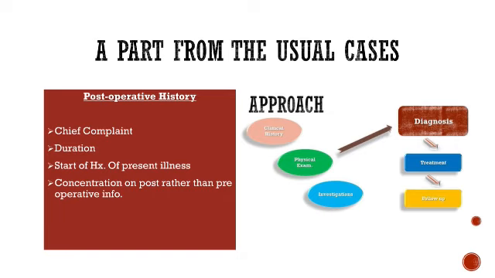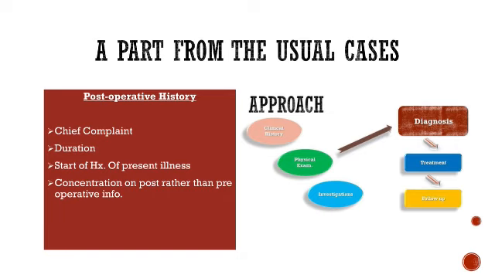For example, we say first day after removal of appendix, or day 1 after appendectomy. So this is the form of chief complaint. If you say abdominal pain for 3 hours before admission, this is false. Why? Because the patient is already diagnosed. In the post-operative history, the chief complaint is going to be the name of the surgery and the time post-operatively.